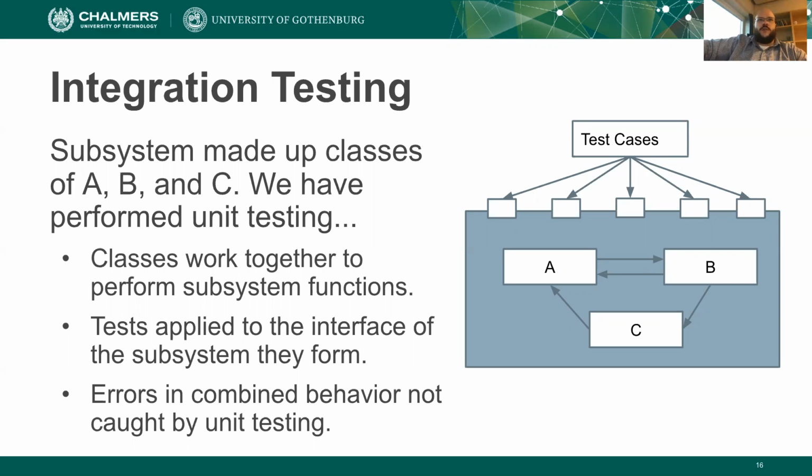And so we want to apply test cases not to the classes, but to the interface of the subsystem they form. And errors in their combined behavior are not caught by unit testing, because they only really emerge when you combine those objects together, when they're not tested on their own, when they're not tested with mocking, but when you actually bring them together and when they interact at runtime.